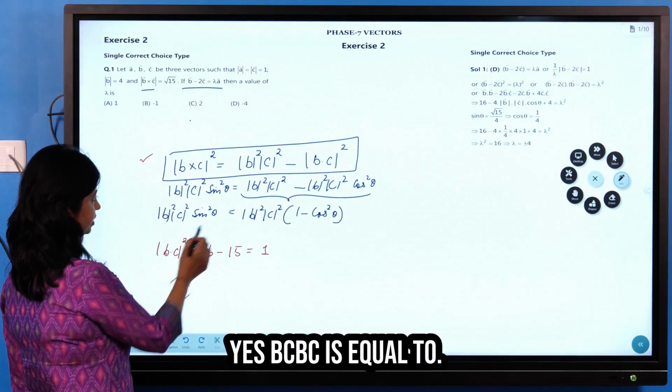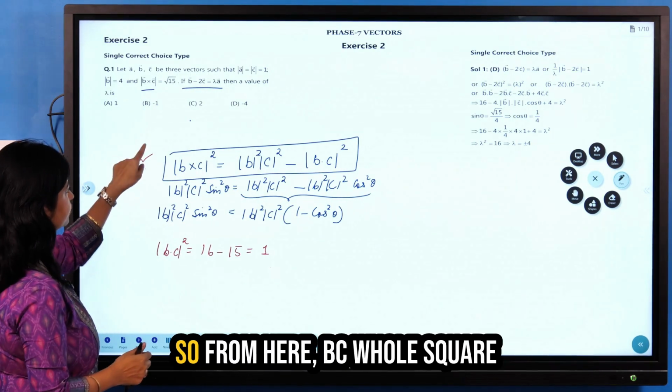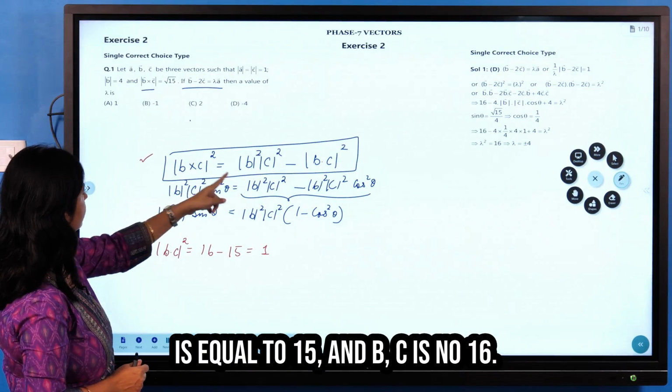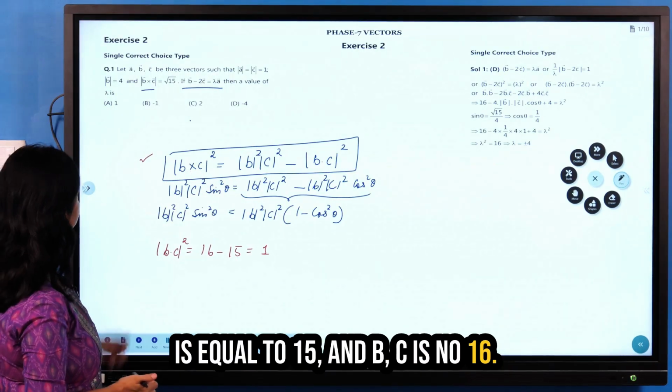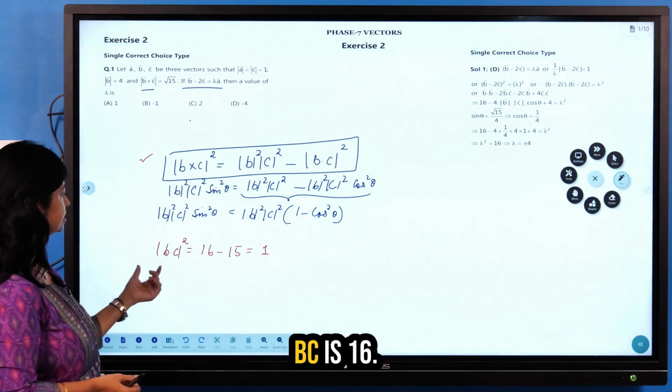So from here, B dot C whole square is equal to 1, and B dot C is 1.